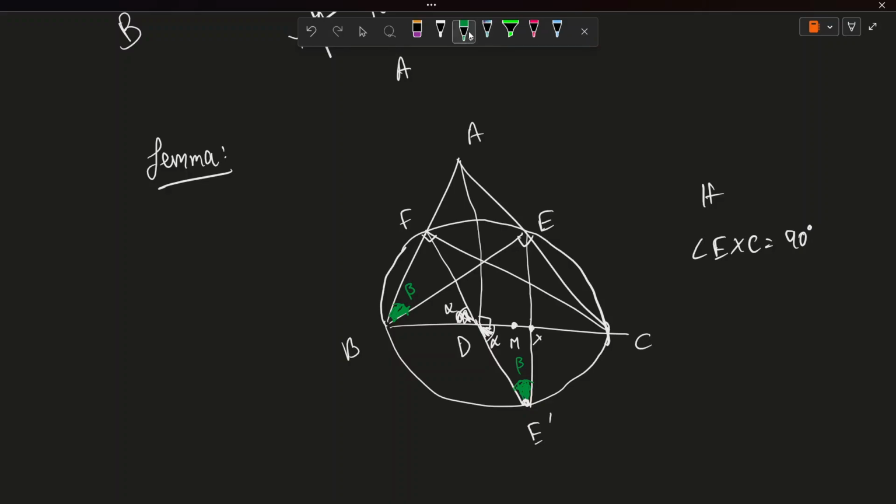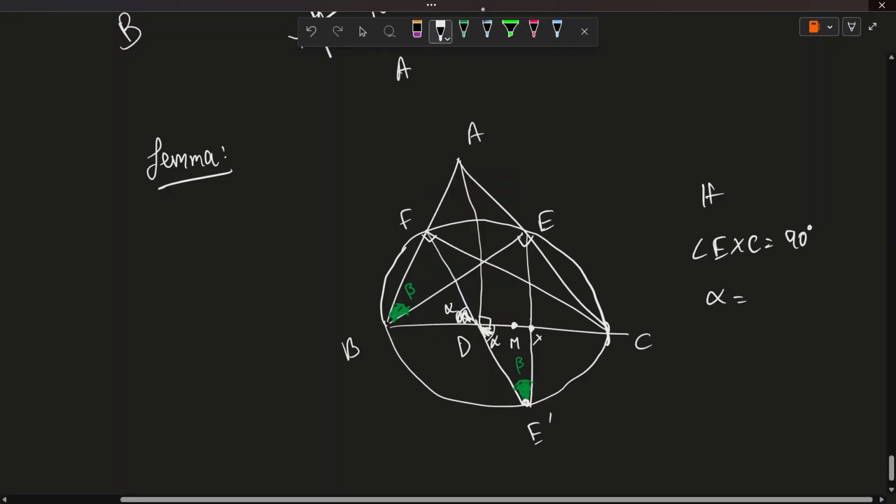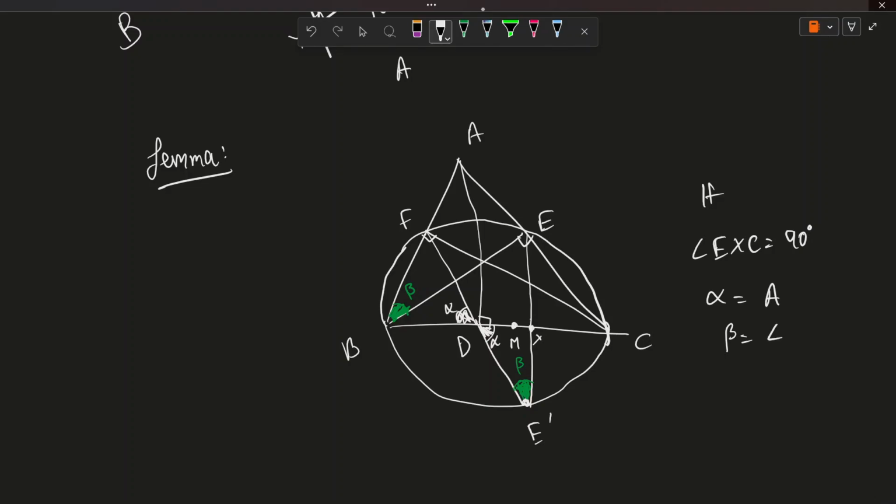By properties of altitudes, alpha equals angle A and beta equals 90 minus A. Because DFAC is cyclic, this angle is alpha, which is angle A. Similarly, because angle BEA is 90 degrees, beta is 90 minus A. So alpha plus beta is 90, and so angle DXE dash is 90. Thus we have proved the result.